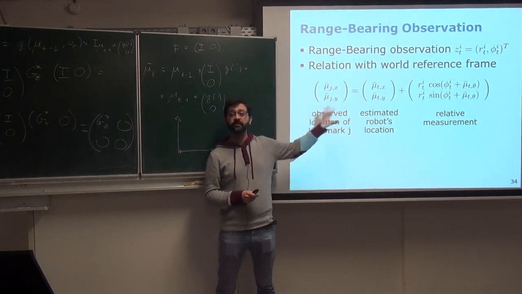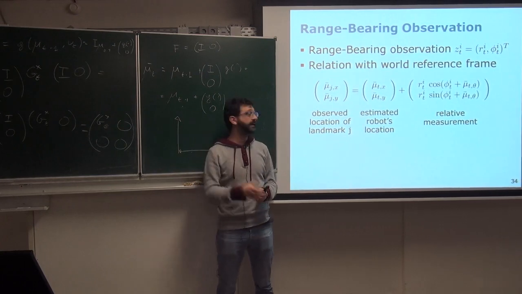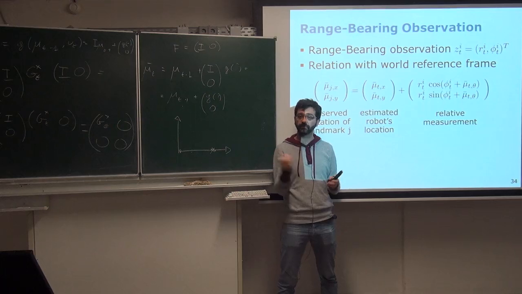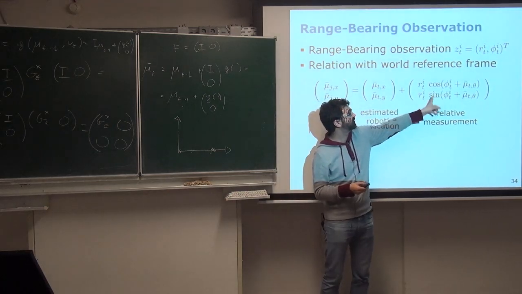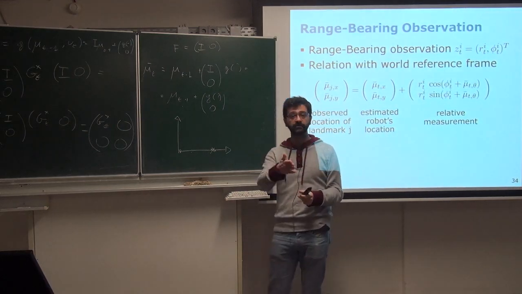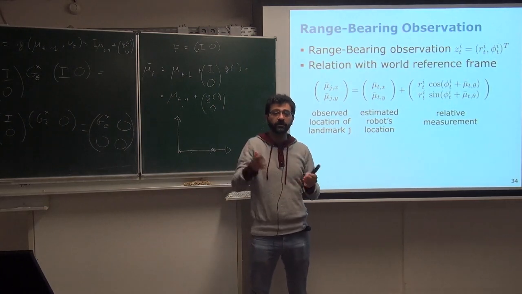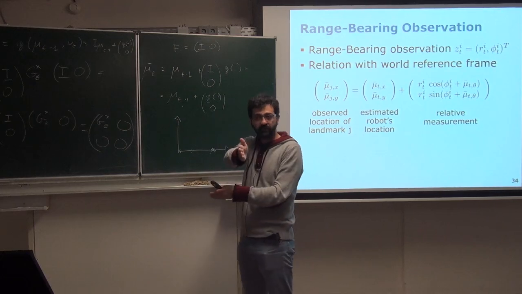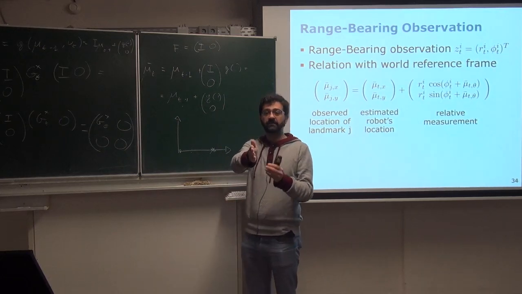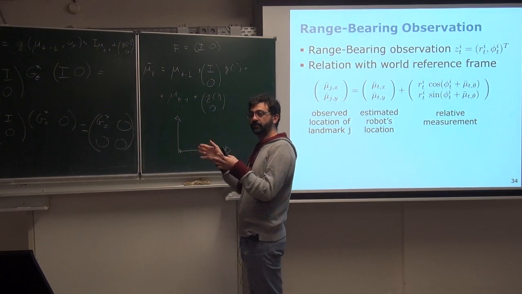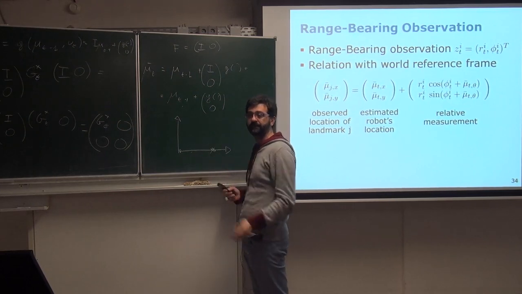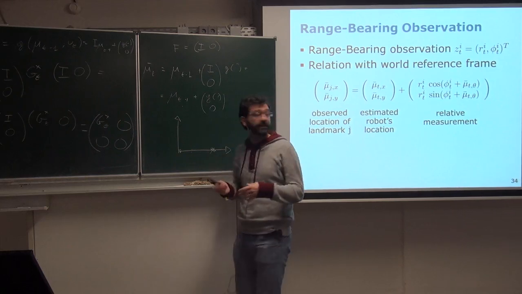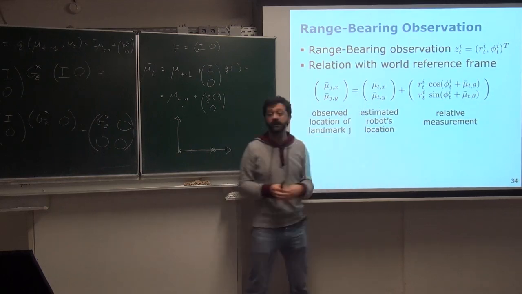But this is just the relation: I get a position in x, y relative to the robot by just taking the cosine and the sine of the measurements that I get. I know the robot is rotated in a certain way and is observing at another angle, which means this is the relative angle between how the robot is facing and the landmark. We take the sine and cosine to get the x and y coordinates, and then we put them back in the position of the robot.